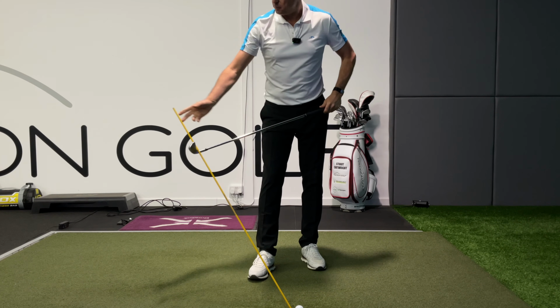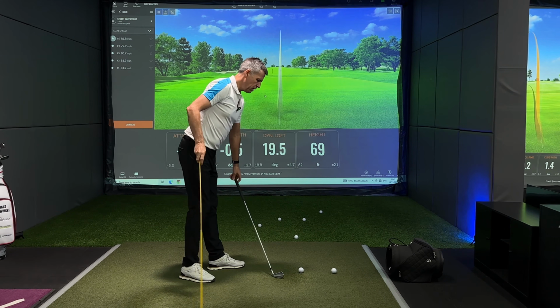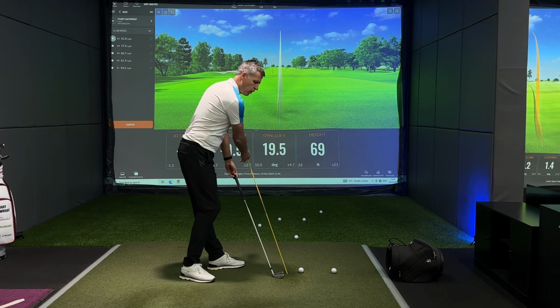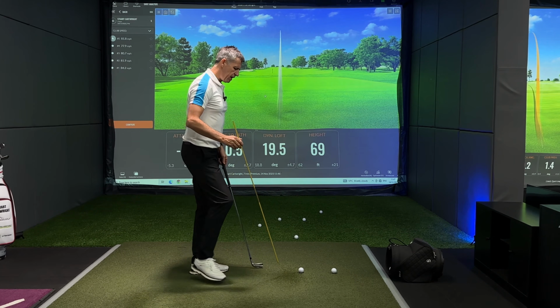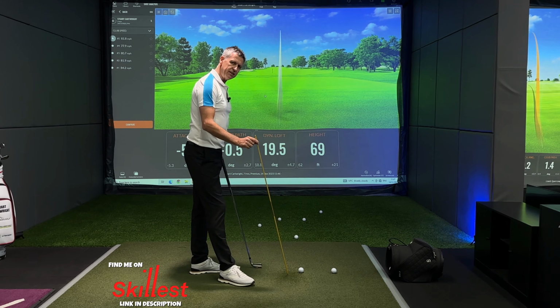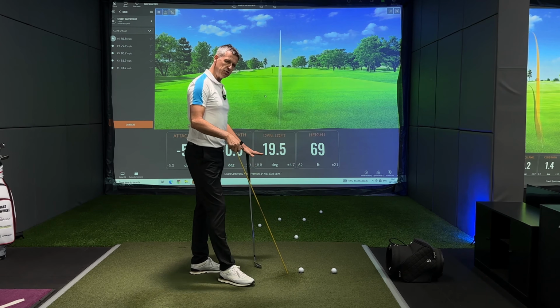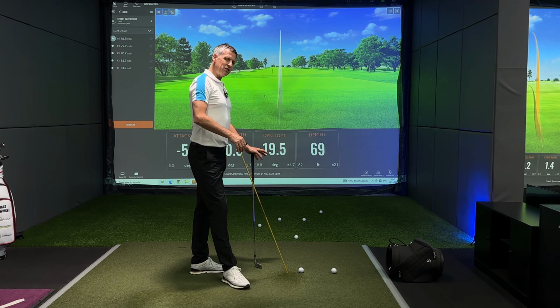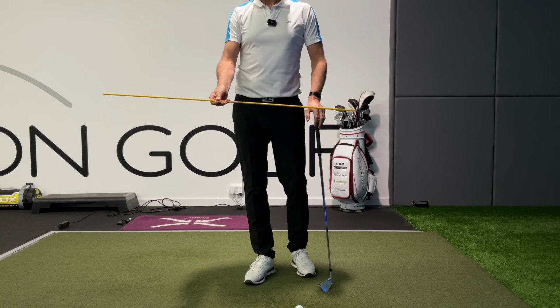It will, by virtue of you driving the club into the floor, put the handle a long way forwards of the golf ball. But as I say, you're now making all of the energy go too much into the deck. And when it goes too much into the floor, yes, you do squash the ball flight, but as I say, you take away the energy towards the target.